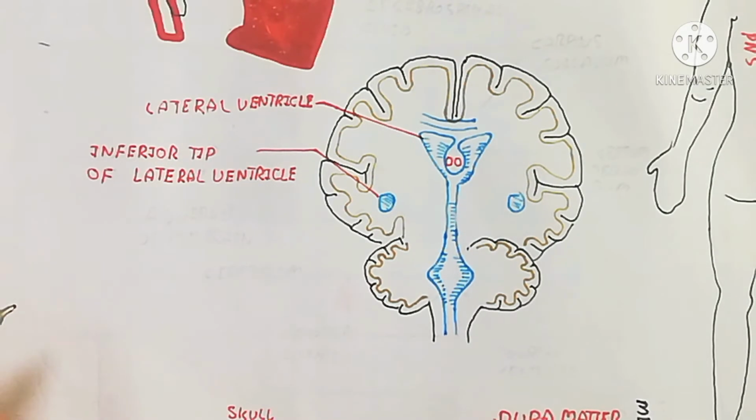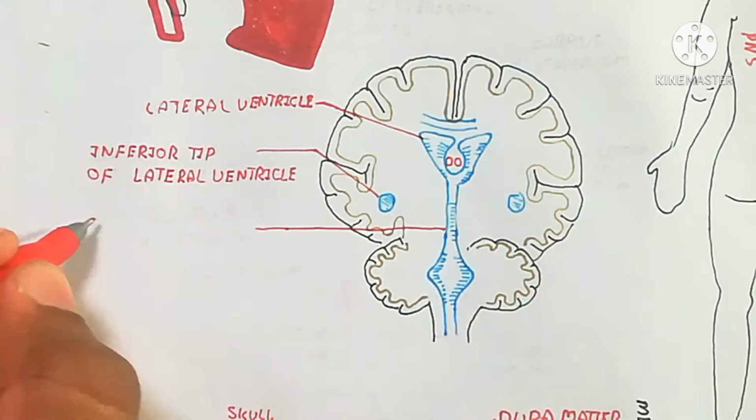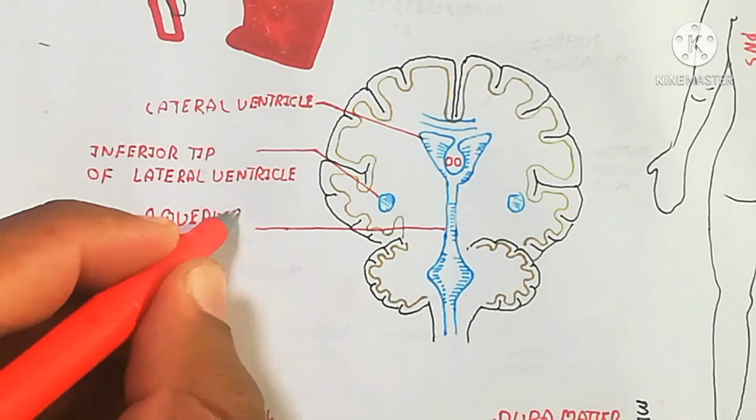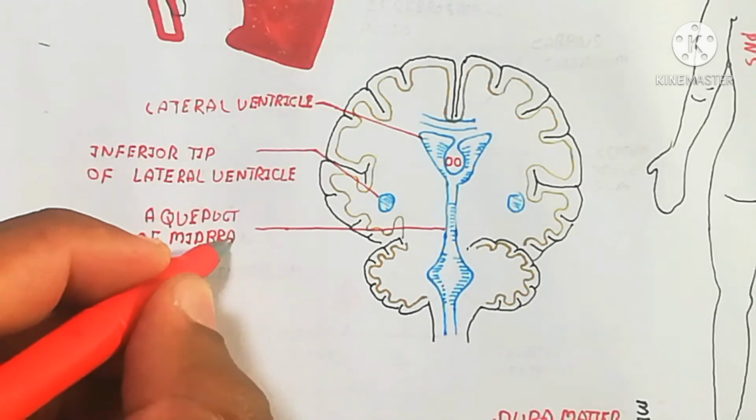Here is the cross section, and here is the interior tip of the lateral ventricle, which after the cross section is embedded here, because we had cut the brain from the center.